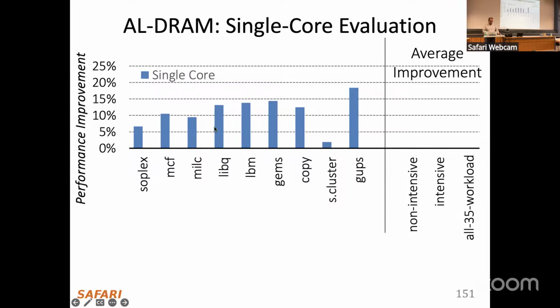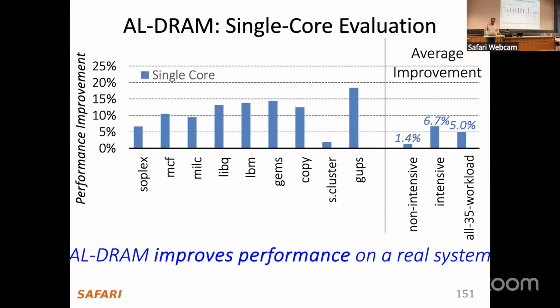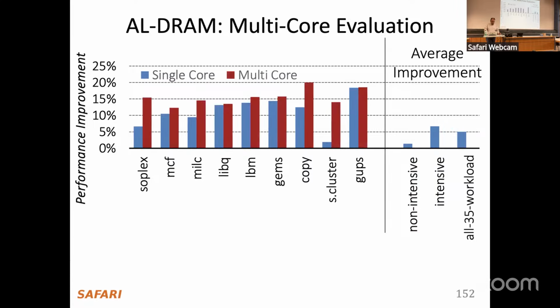For a single core, the average improvement is 1.4% for non-intensive applications and 6.7% for intensive applications. In multi-core, the results are much better because the problem is much more important: in multi-core you have more accesses to the DRAM, so you have more blocking.